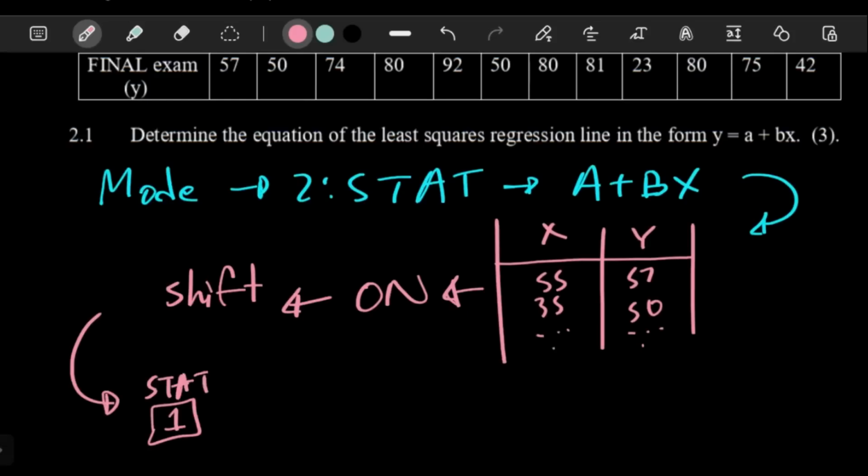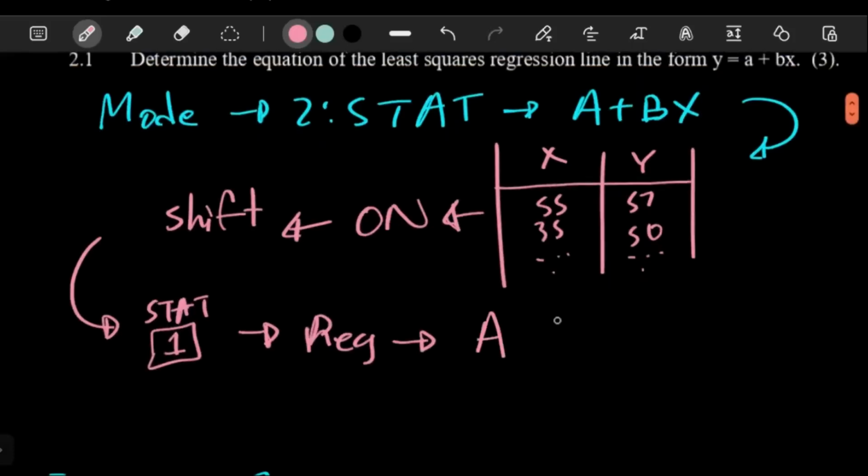See, shift 1, and then obviously you're going to press reg for least squares regression line. Reg. After pressing reg, we need A and B. So you're going to choose A, right?